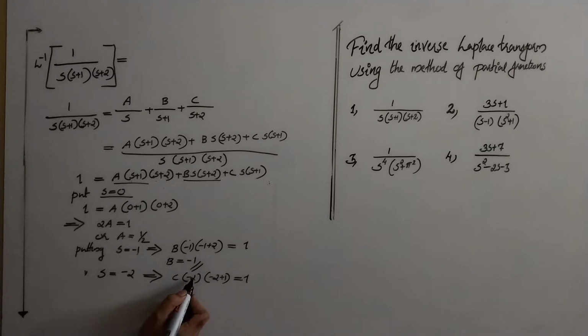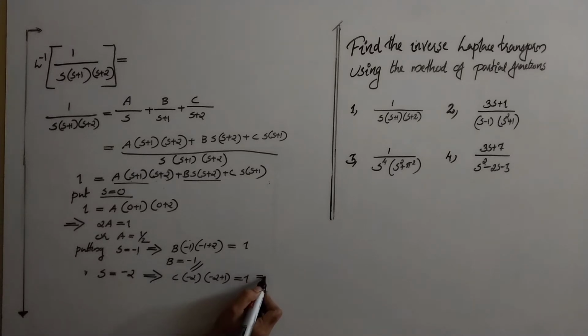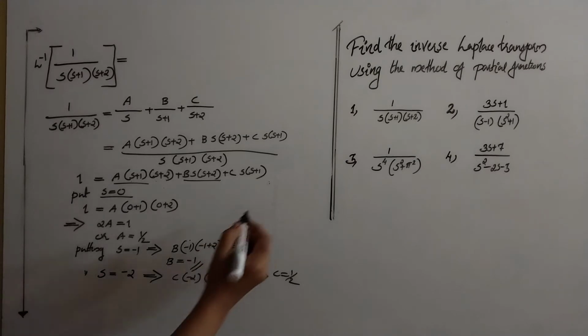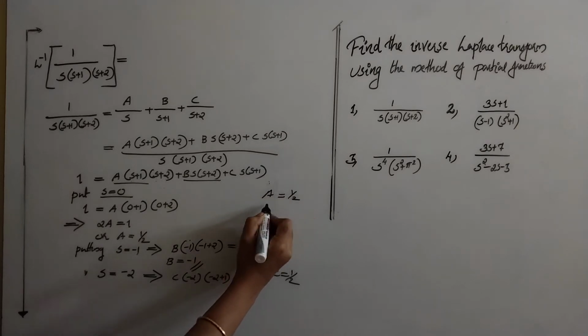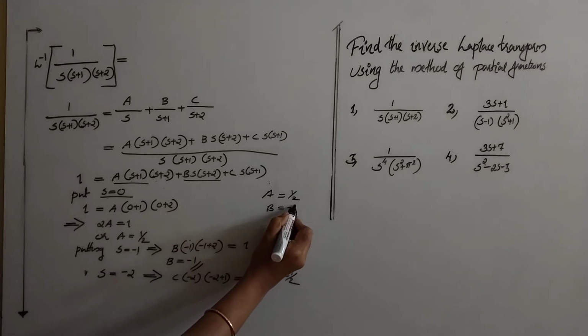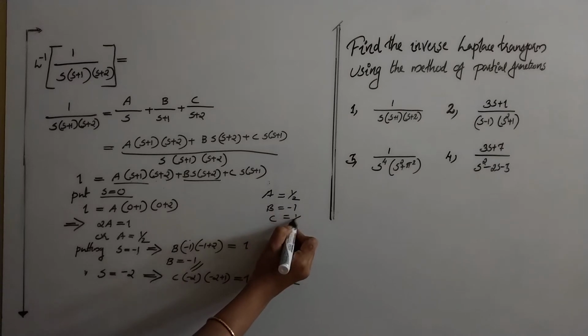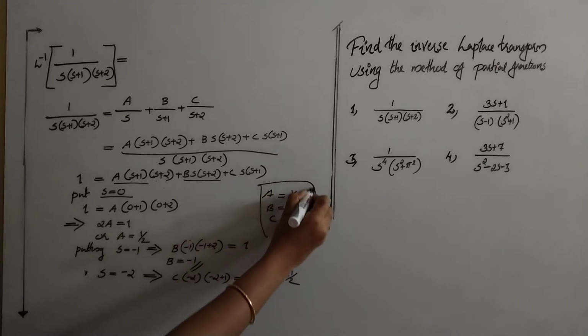Minus 1 into minus 2 is plus 2. So c is equal to 1 by 2. So value of a is what? 1 by 2, and b is minus 1 and c is 1 by 2.